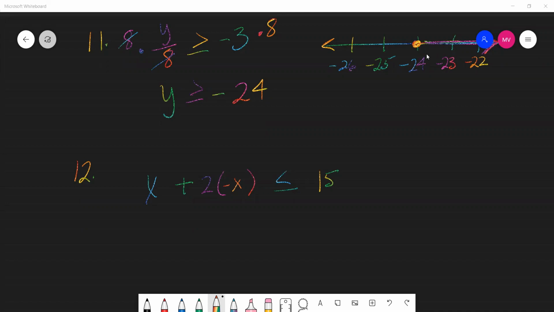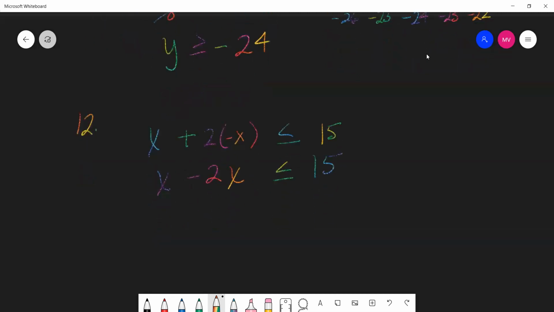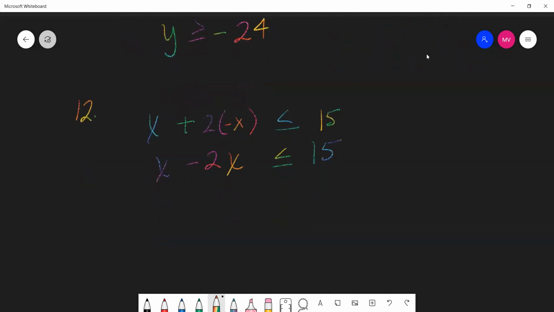All right, so let's simplify. What can we simplify 2 times negative x to? Negative 2x. So this is x minus 2x is less than or equal to 15. All right, can we simplify it a little bit more? What's your understood coefficient when you don't see a number? 1.